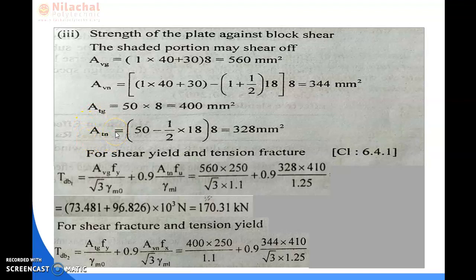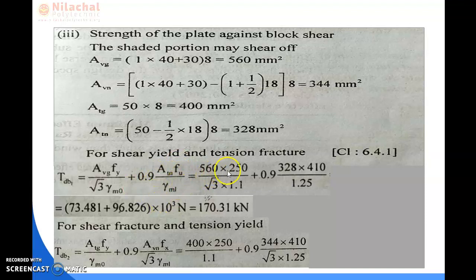So now just put all these things in the block shear strength, which is TDB1. So the value is AVG Fy divided by √3 gamma m0 plus 0.9 ATN Fu divided by gamma m1.